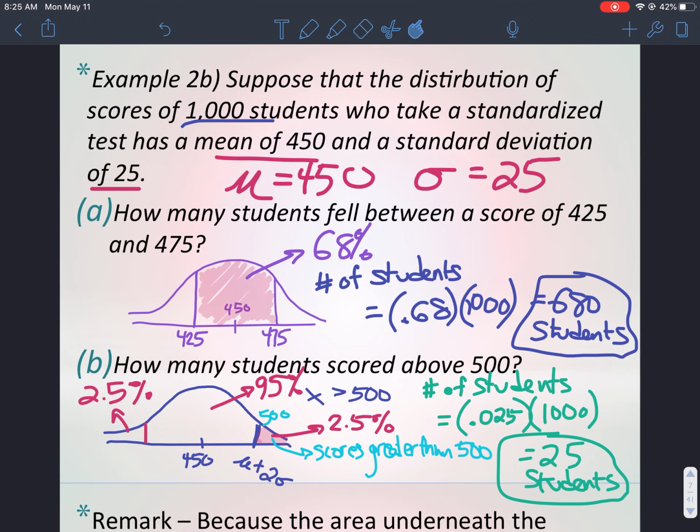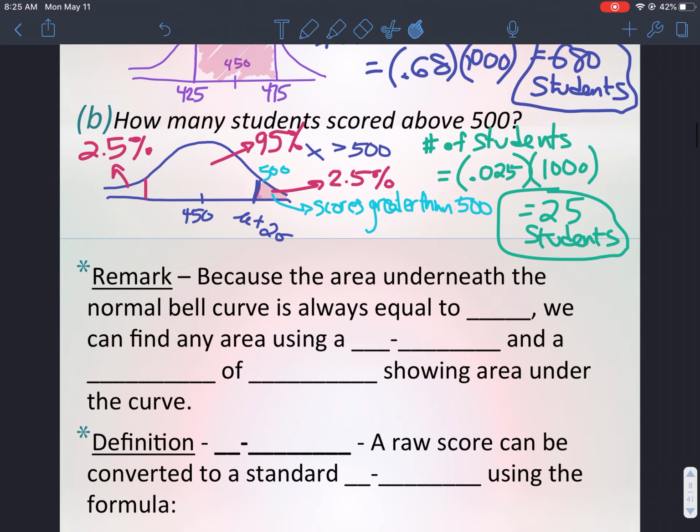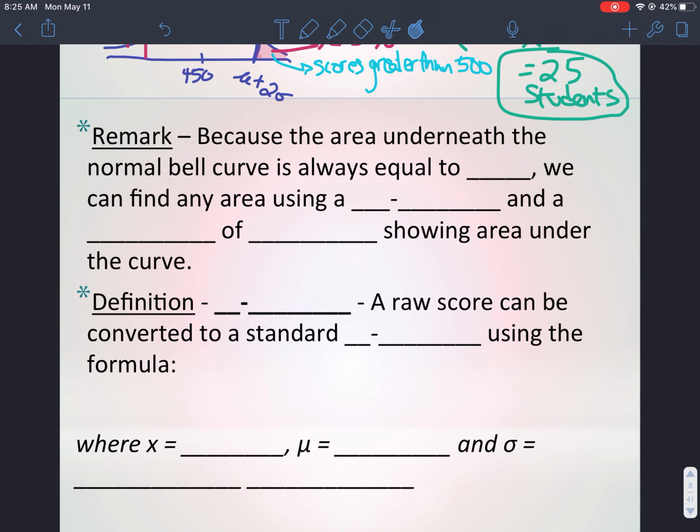But what if you had a question that was, where does 75% of the data lie? Or how many students scored, say, above a 600 or above 482? So when we don't have nice round numbers like this, we need to talk about a z-score.